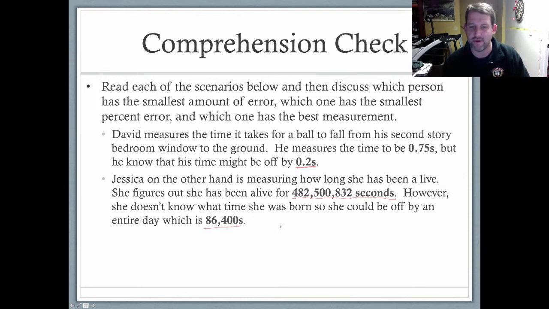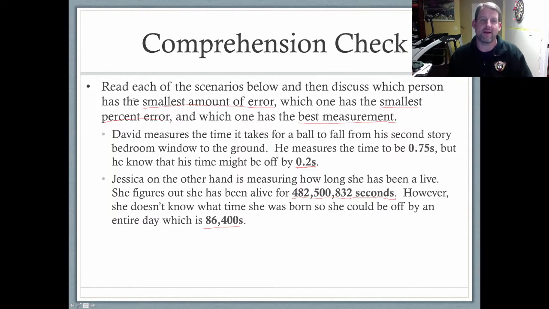She doesn't know. So the question we're going to ask here is three questions, really. Which person has the smallest amount of error? Which one has the smallest percent error? And which one has the best measurement? So that's interesting. This is a judgment here. Those three things I want your group to work on.